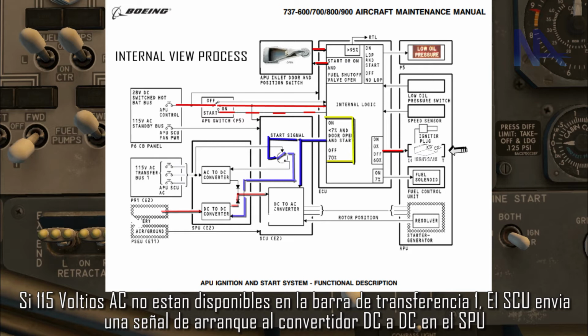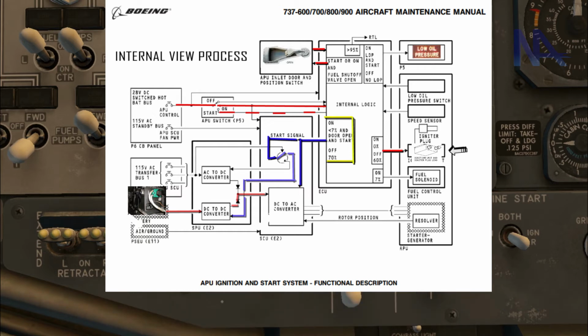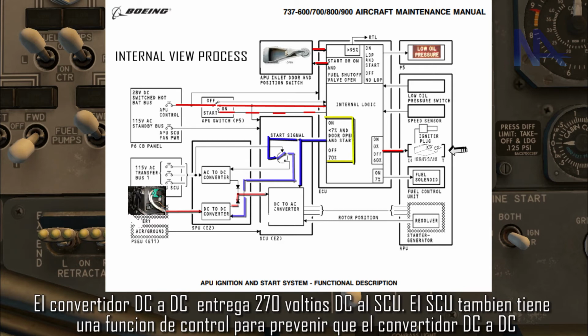If 115 volts AC is not available on transfer bus 1, the SCU sends a start signal to the DC to DC converter in the SPU. The DC to DC converter gives 270 volts DC to the SCU.